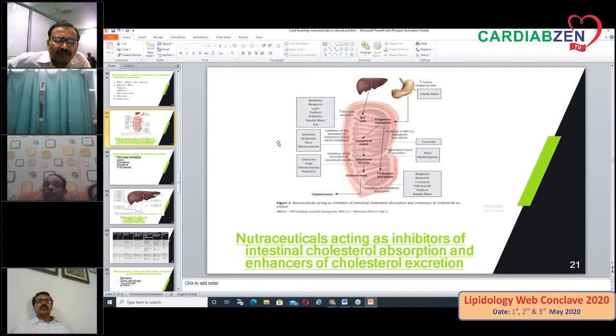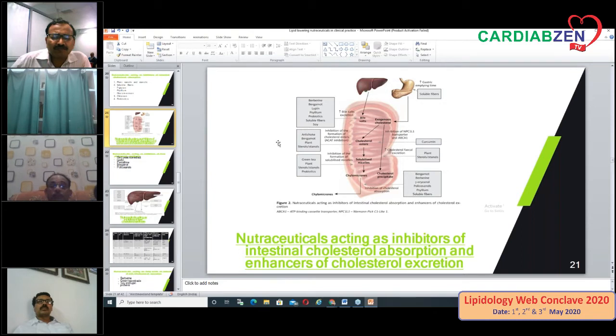So here we can see that soluble fibers are working at multiple points. So multiple targets are there. So there is no harm in advising the patient to take soluble fibers in plenty, and they are very easily available in seasonal fruits. If we just ask the patient to take fruits, enough soluble fibers can be delivered to the patient.